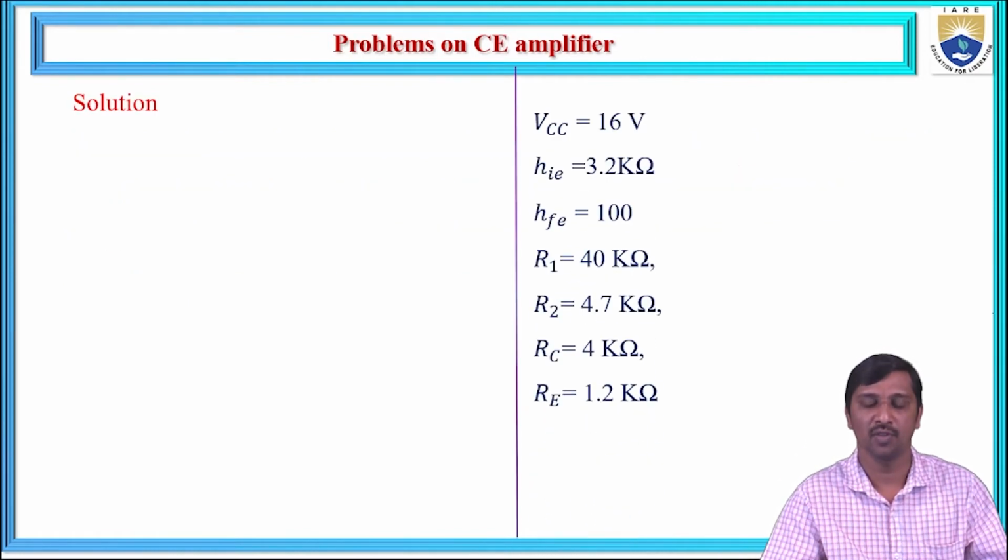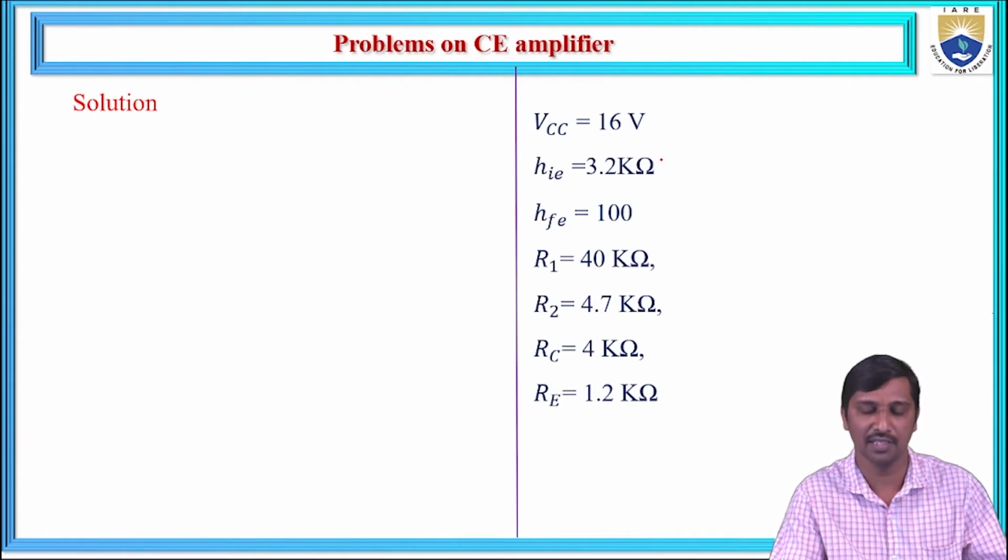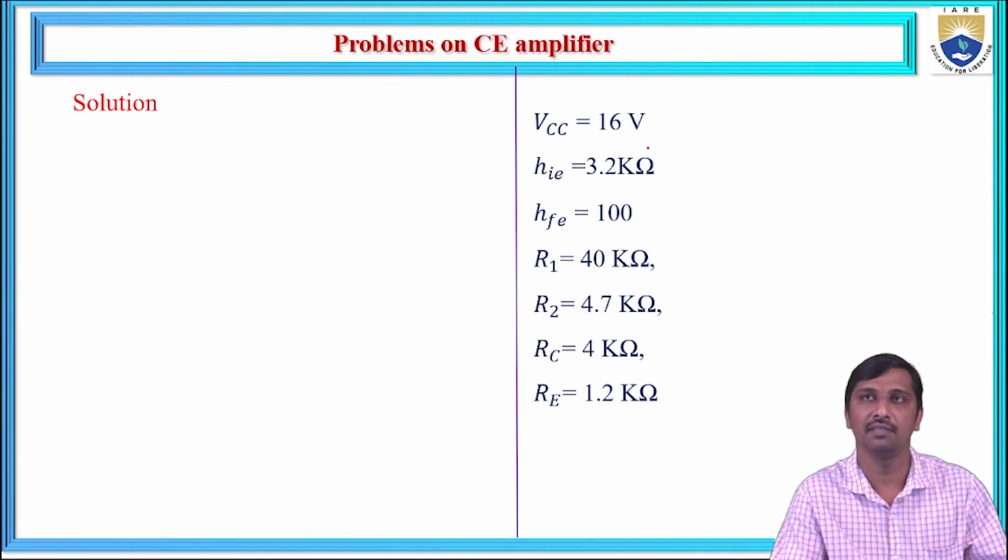Based on that problem statement, first I noted down all the given parameters. What parameters are there in the problem statement? The biasing voltage is 16 volts, the input impedance in terms of the H model is 3.2 kilo ohms, and the DC forward current gain is 100. It is also represented as beta.